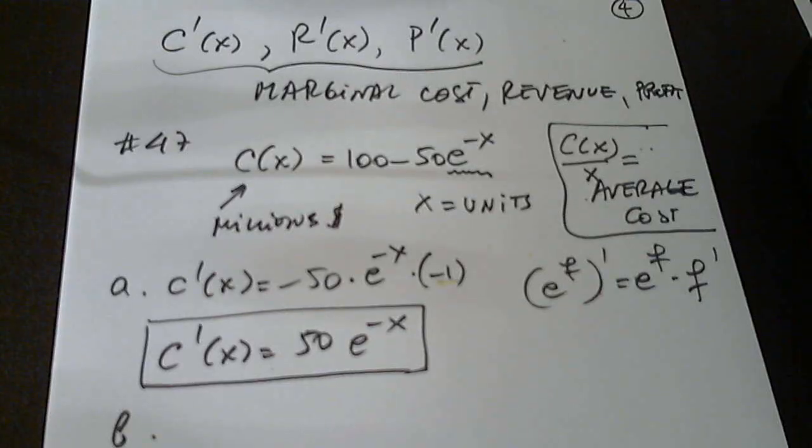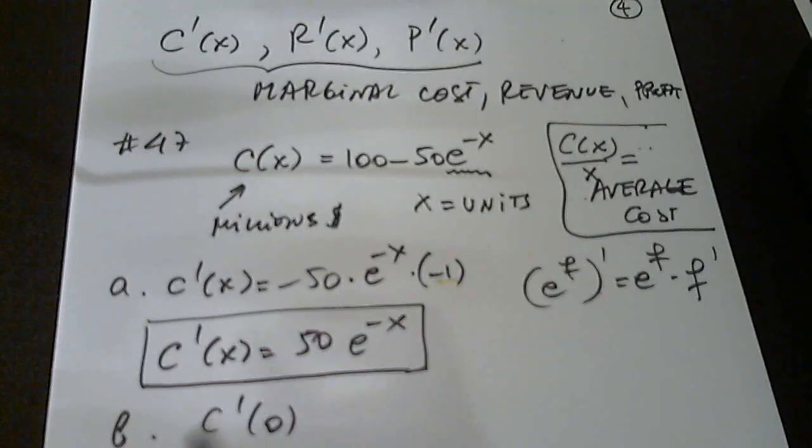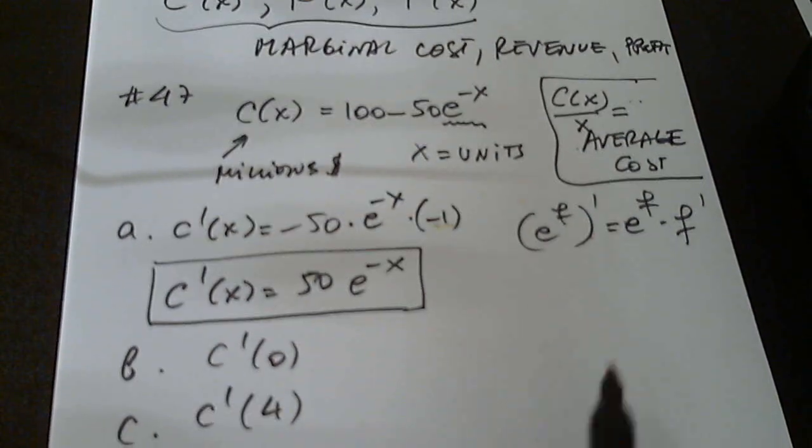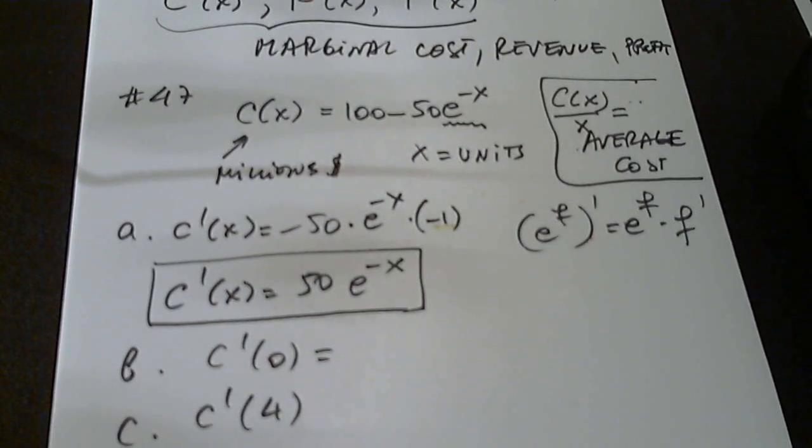In part B, they want us to find C prime of 0 and then C prime of 4. Round to the nearest thousandth. Okay, fine. So C prime of 0 is very easy to determine, but C prime of 4 is not.